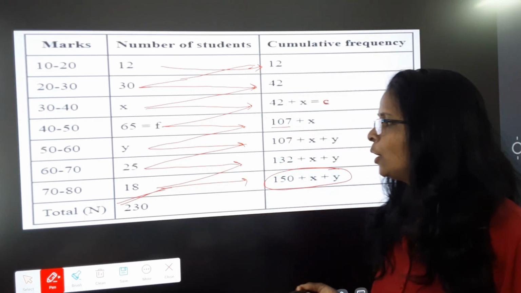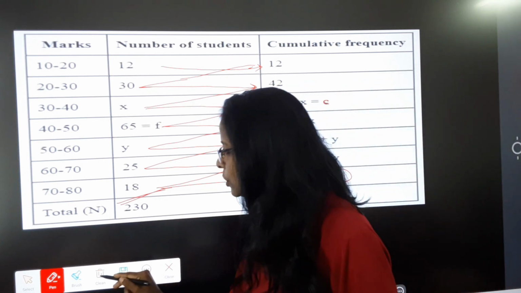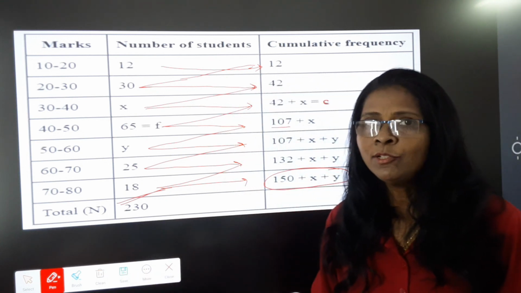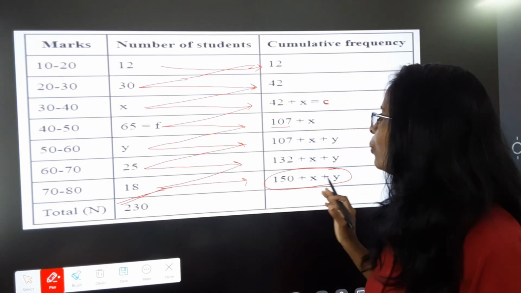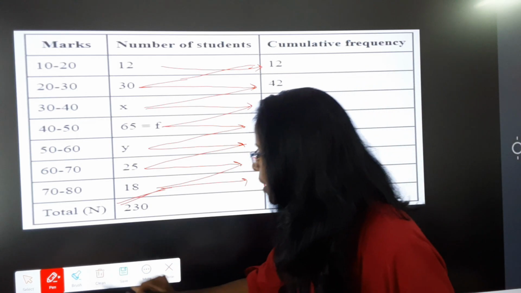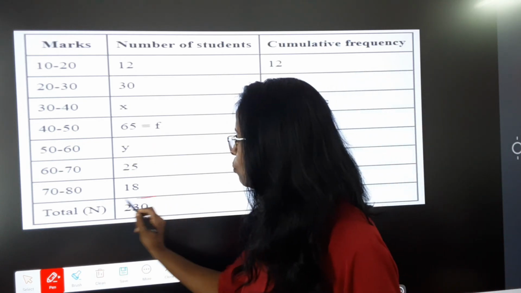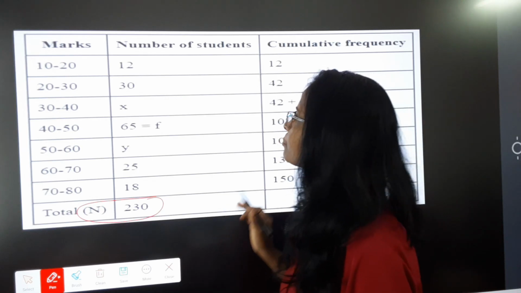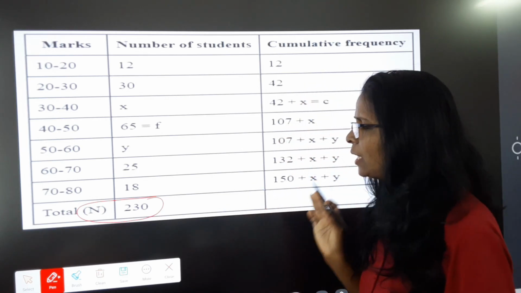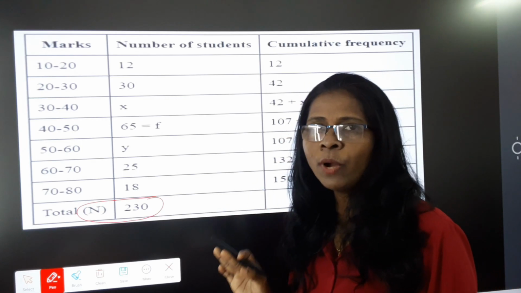Okay, so now we have to find out the values that are represented in the median formula. First, n is equal to 230, that means n upon 2 is equal to 115.